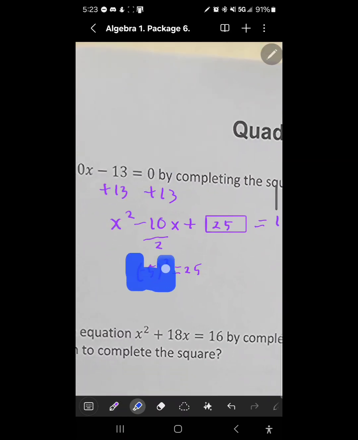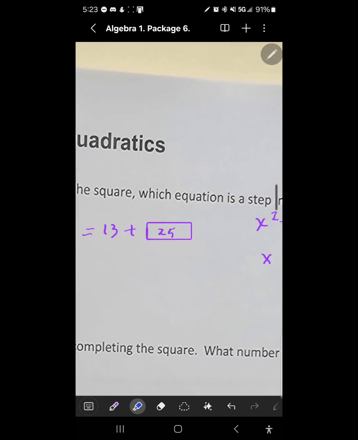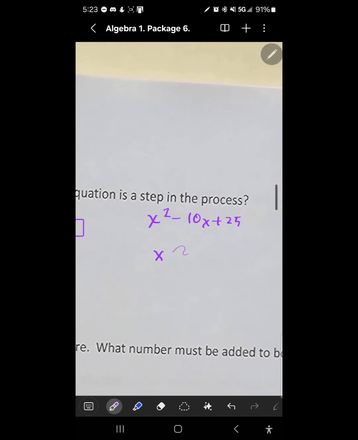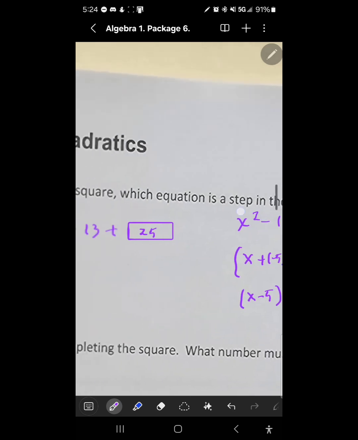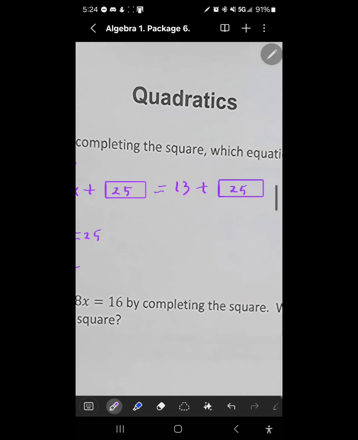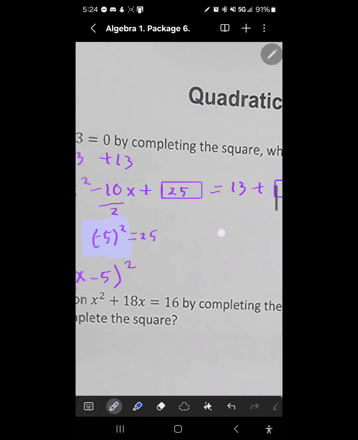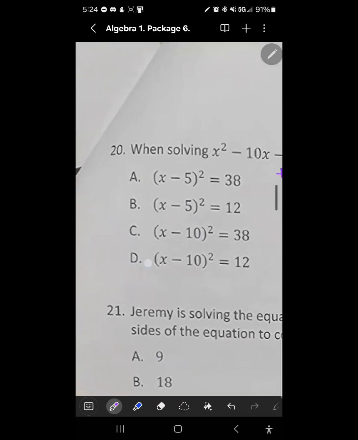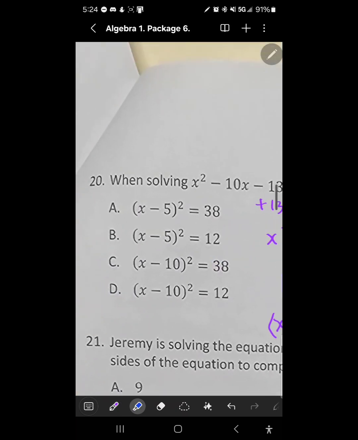So in this step, it will be x plus negative 5, all squared. So x plus negative 5 is just x minus 5. Then we have x minus 5 squared. And then 13 plus 25, that's 38. So equal 38, which is option A.